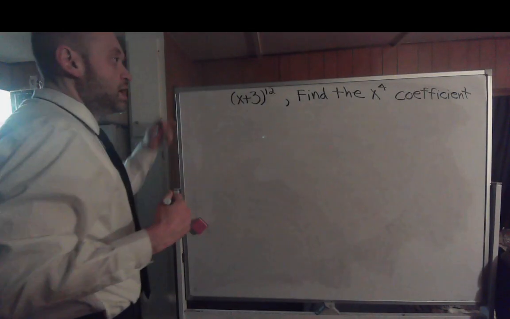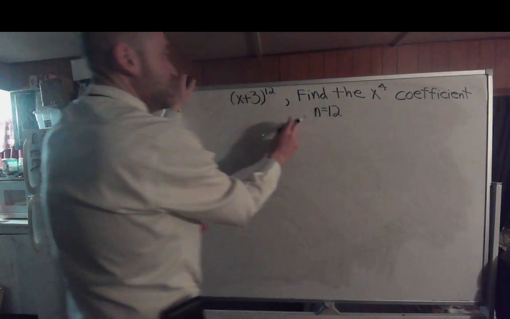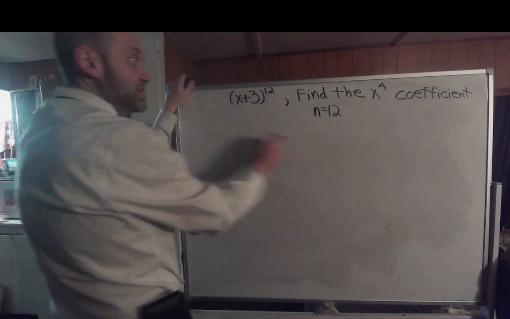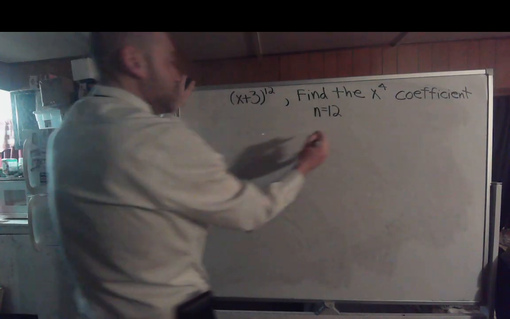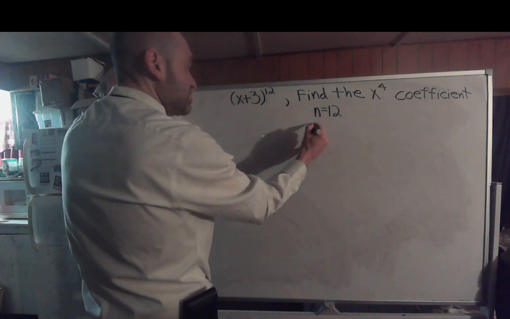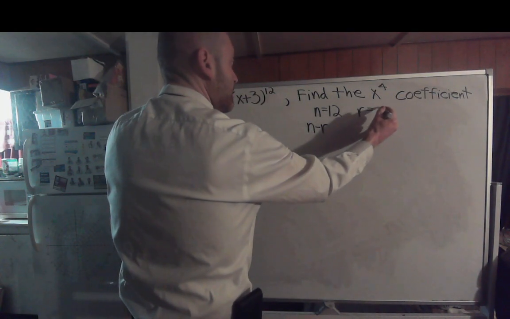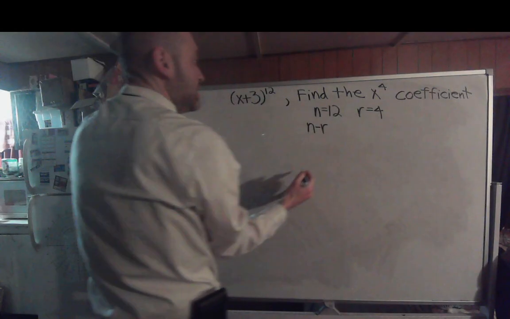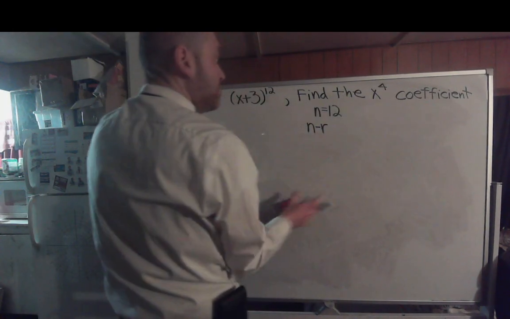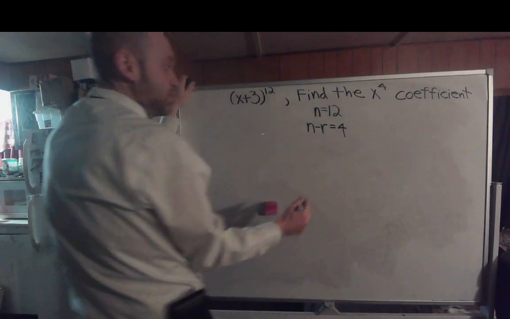Well, your n is 12 because that's the degree that you're raising this binomial to. Now, your first term is x, so your x term is always to the n minus r. So in this case, r is 4. No, r is not 4, sorry. n minus r equals 4, since it's on the first term, the x term.